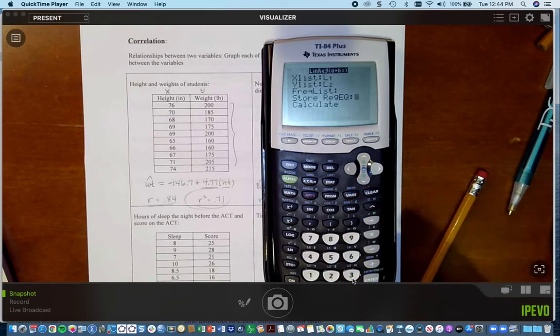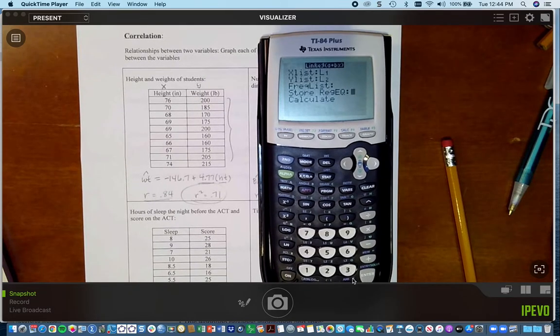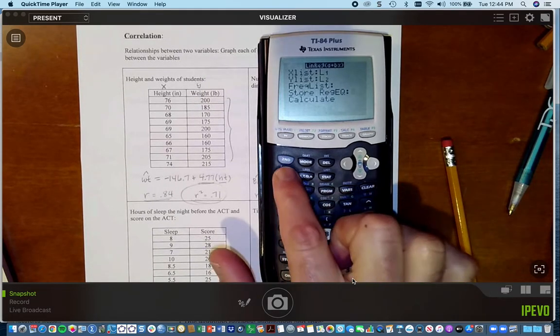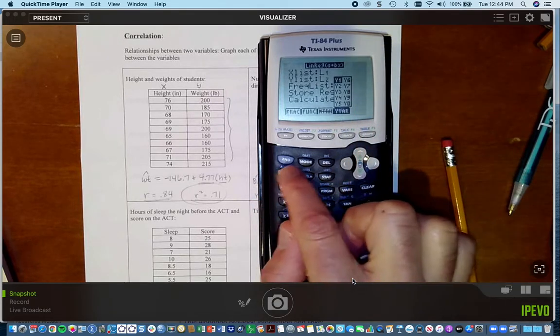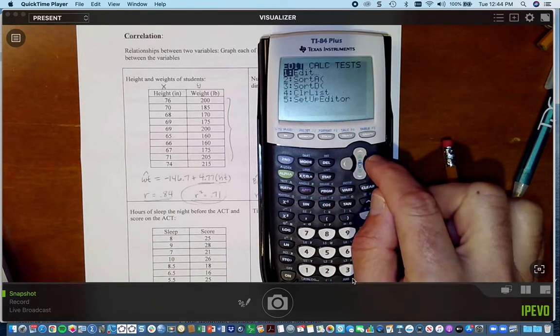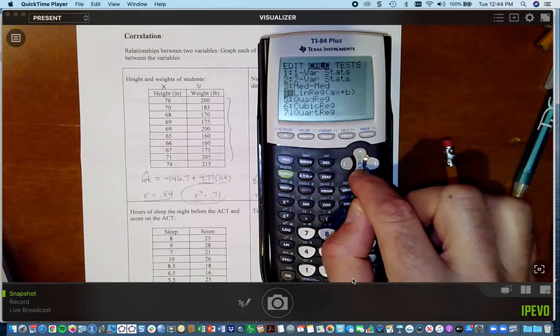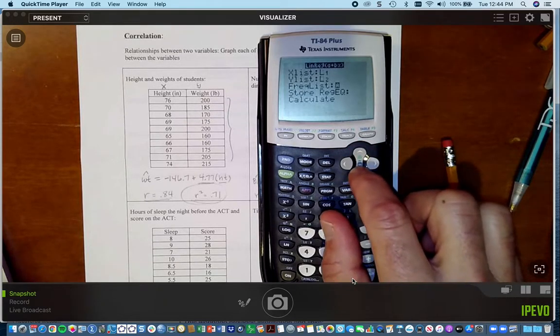And then I want to put this in a regression equation. All right. Those of you that have a newer operating system can hit alpha trace and it'll pop up this menu. If you don't have that and you want to store it, okay, you're going to come down here again.